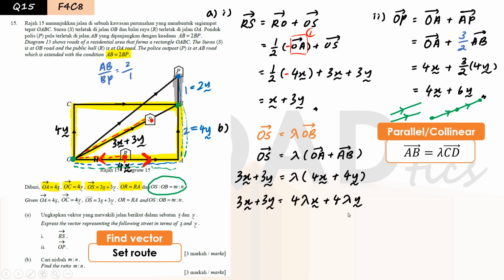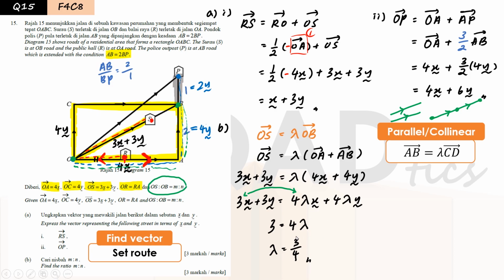Okay, so now to find the lambda value, what we can do is to compare the values which have the same vector. So meaning 3x here, I'm going to compare with 4 lambda x to find the lambda value. Alright, so 4 move to the other side, so lambda is 3 over 4.